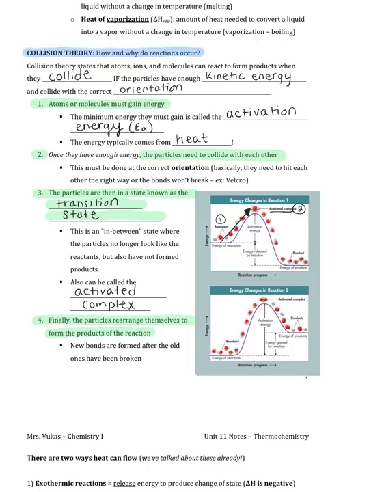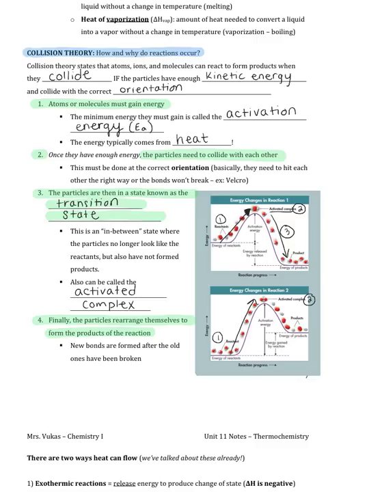Then, once they create the activated complex, they release energy and form the products. The same thing happens in reaction two, where it starts off as reactants, they gain the energy and collide with one another.